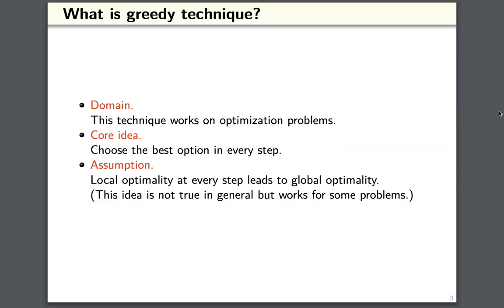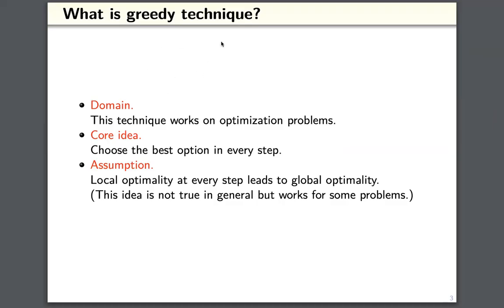And what are optimization problems? You want to maximize something or you want to minimize something, right? For example, knapsack. Knapsack is an optimization problem. There you were trying to maximize the total value, right? So that's an optimization problem.